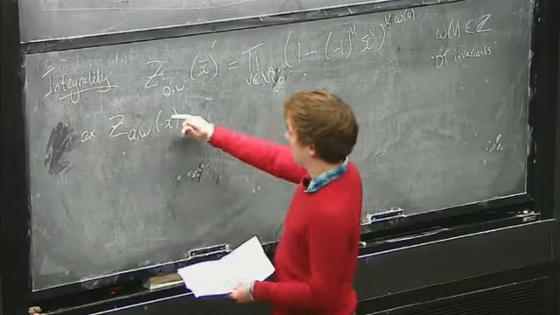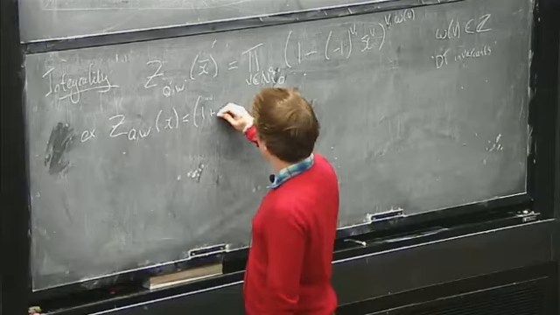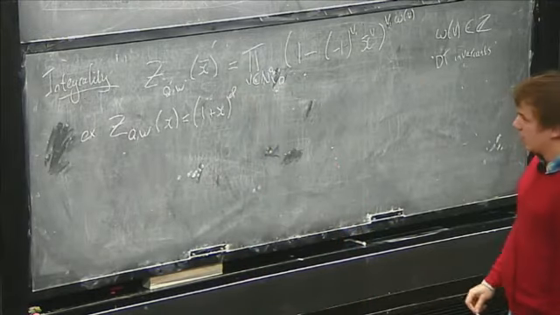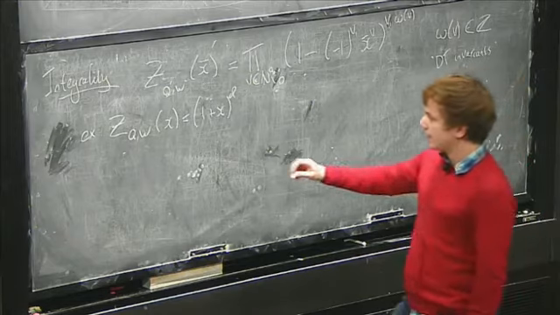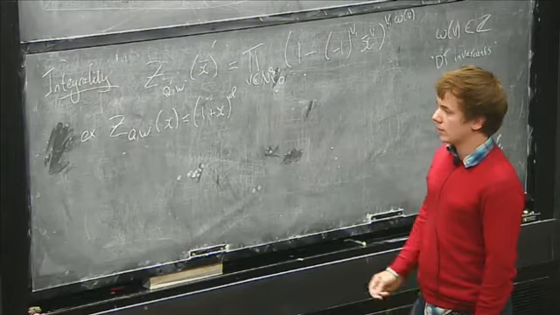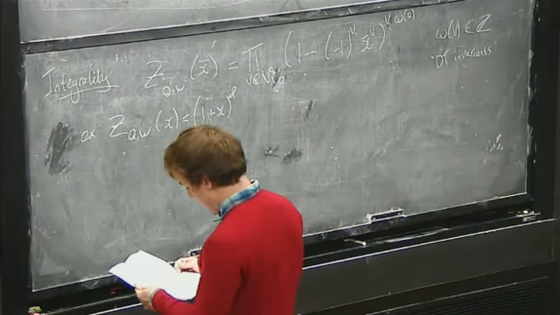So I'm going to leave out the bar. And the answer is just 1 plus x to the d. So we can read off from this that in this example, omega 1 is d, and all the other omegas are zeros. So integrality is confirmed.